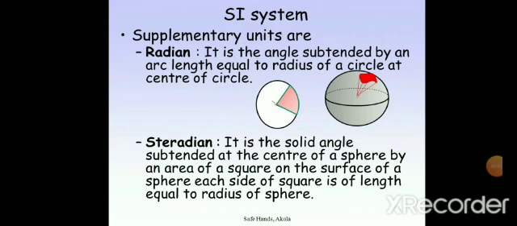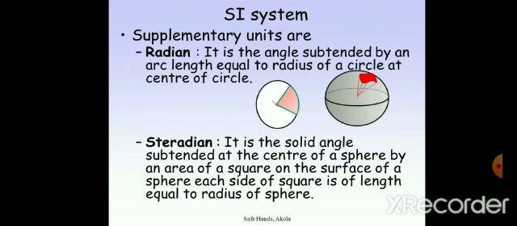Steradian is the solid angle subtended at the center of a sphere by an area on its surface. That is, we are considering a square on the surface of a sphere, and let the four corners of the square be joined to the center of the sphere.